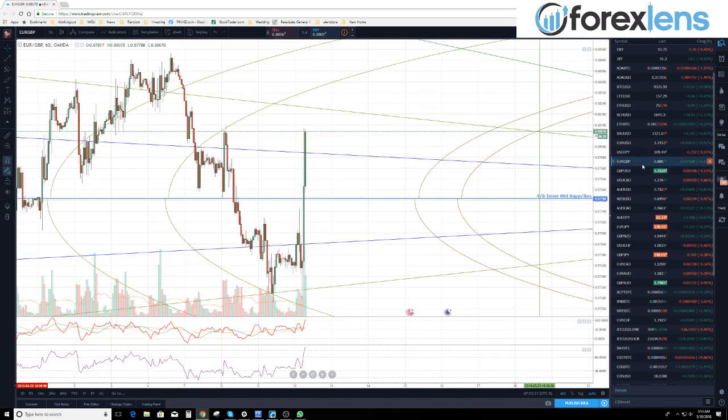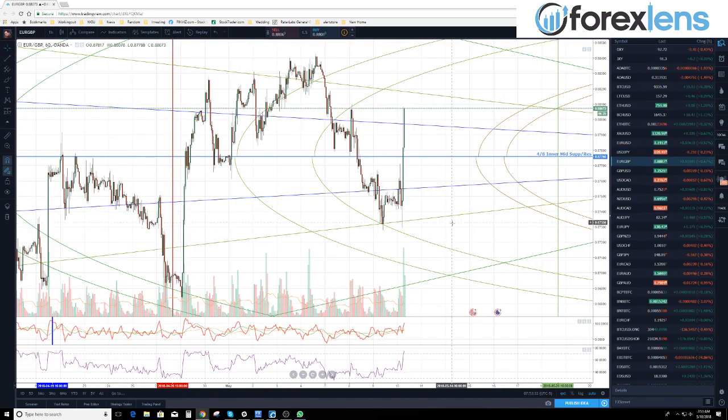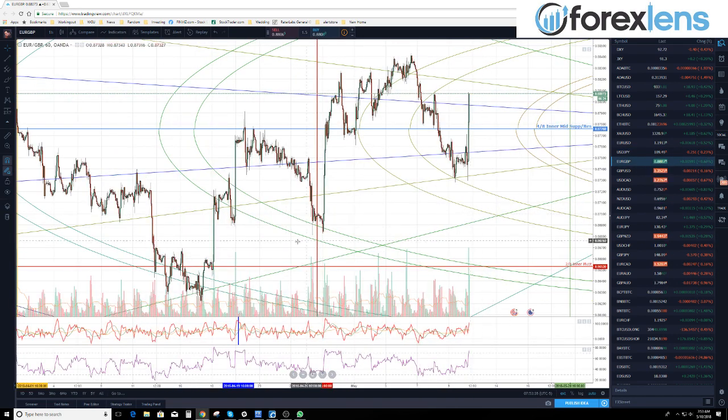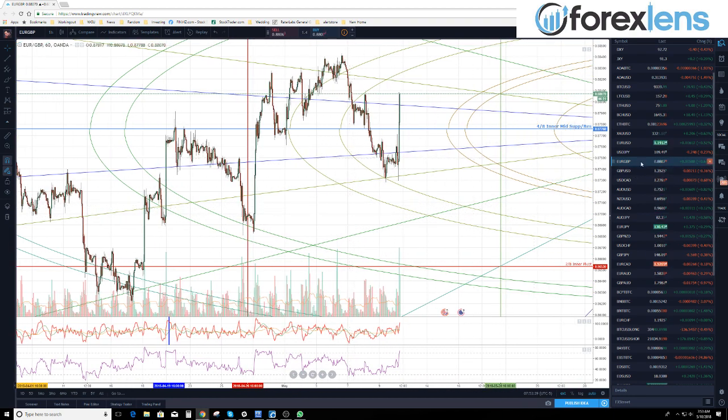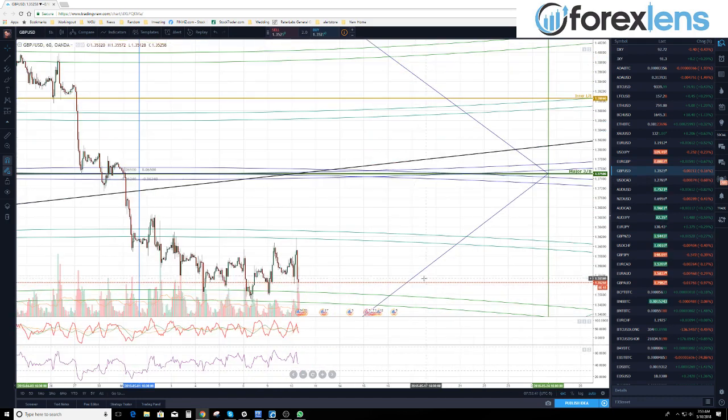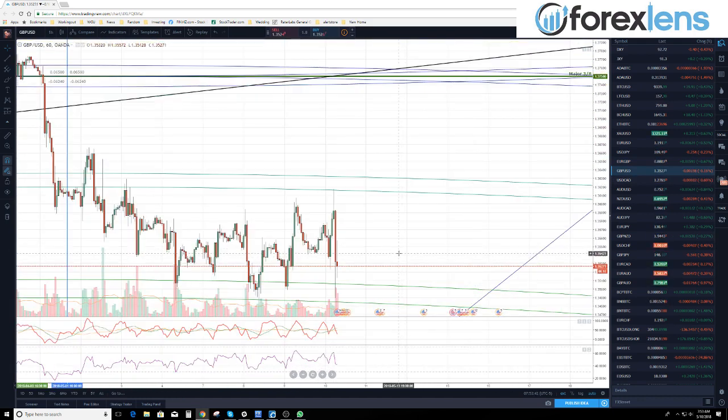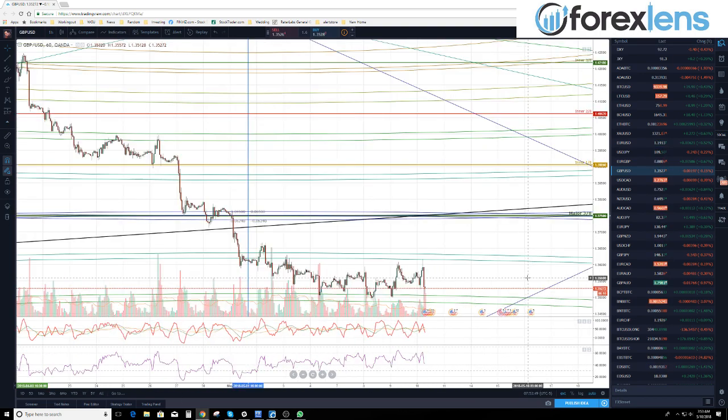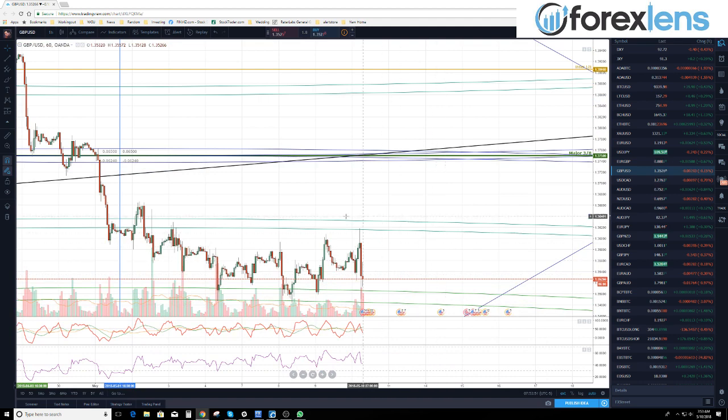The euro pound, gosh, this thing just moves all over the place. Pound dollar had some ugly news release earlier today, and it's still struggling to stay above. We're either forming a nice base here, or a base for a bounce, or we are just going to continue to drop lower.